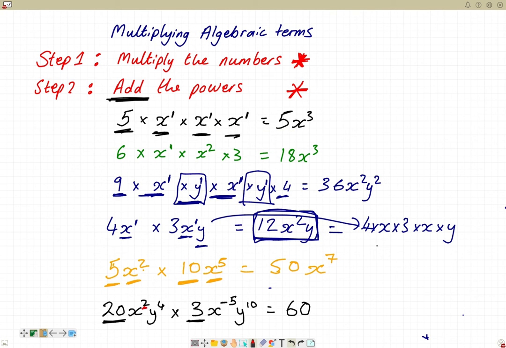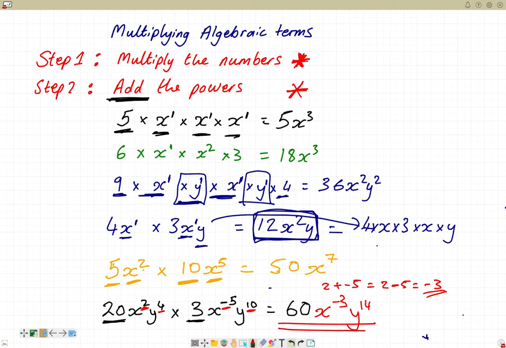So I have x to the power of 2 times x to the minus 5. So I have to do 2 plus minus 5. Plus and a minus make a minus. 2 minus 5 gives me negative 3. So x to the power of negative 3. And then y is 4 plus 10, 14. Okay, so that's my final answer.